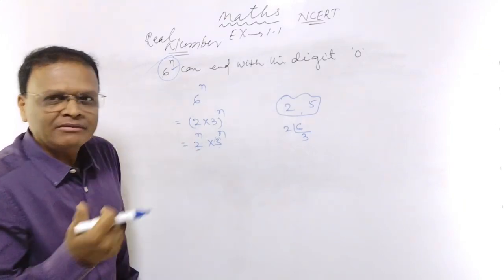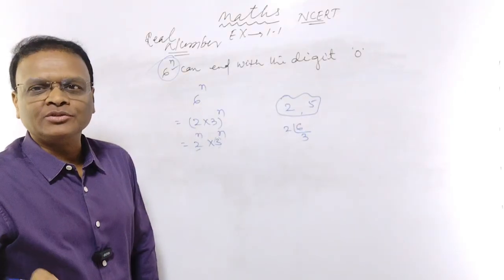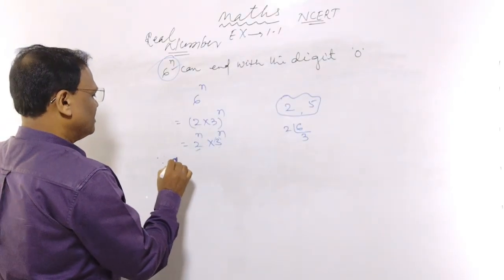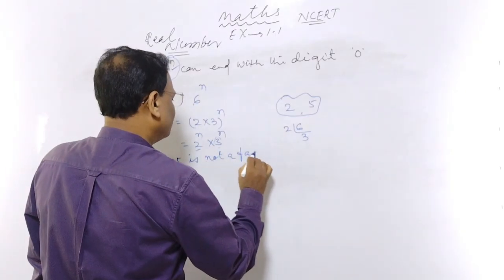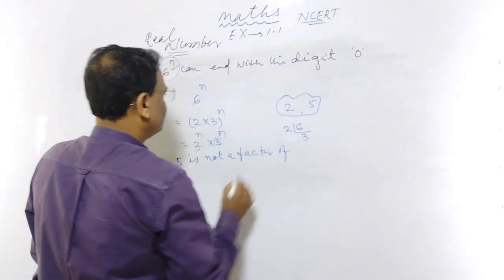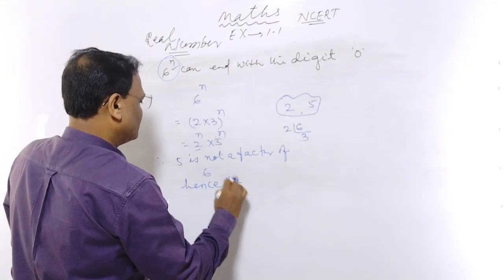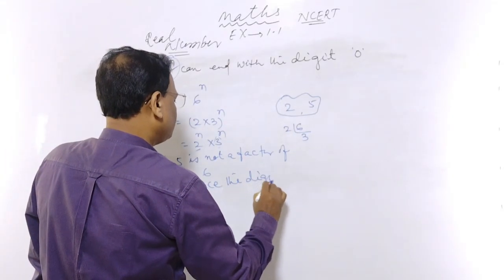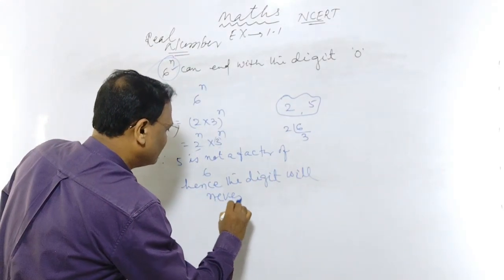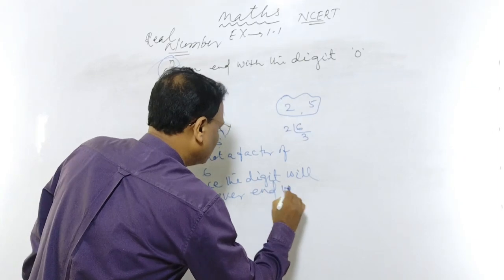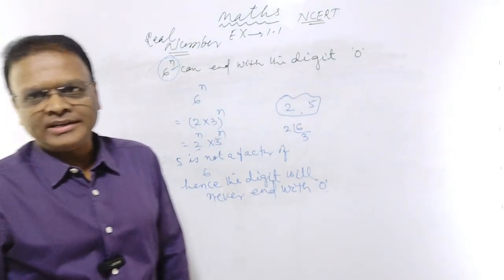Since 5 is not a factor of 6, hence the digit will never end with 0. So this is the statement you have to write.